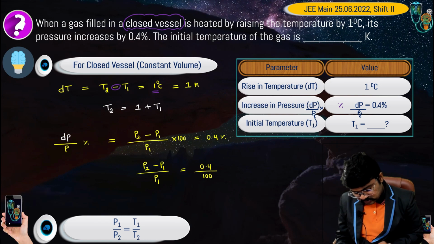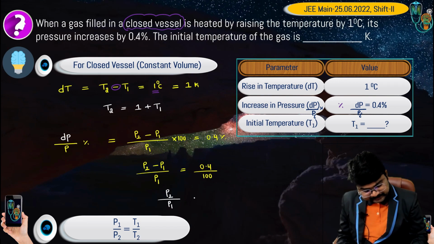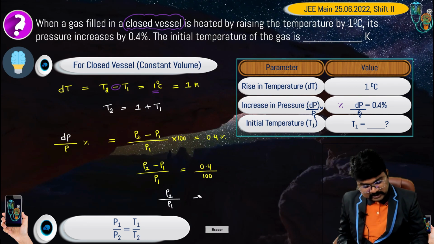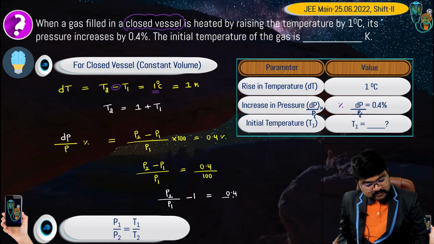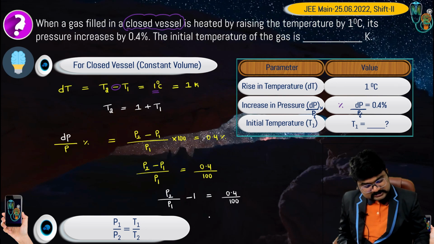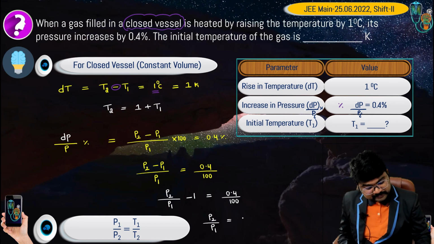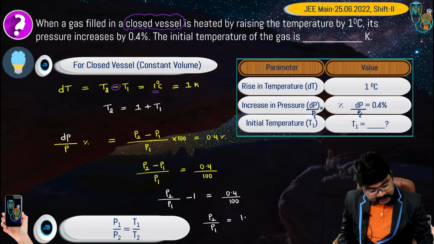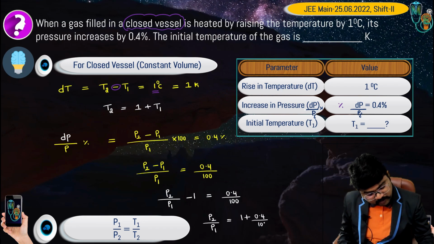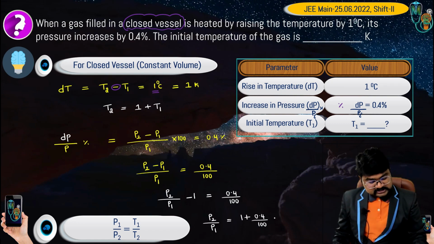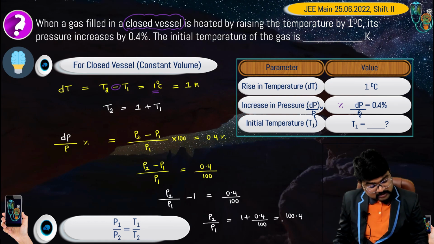Here P2 by P1 minus 1 equals 0.4 by 100. So I can say that P2 by P1 equals 1 plus 0.4 by 100, which is equal to 100.4 by 100.